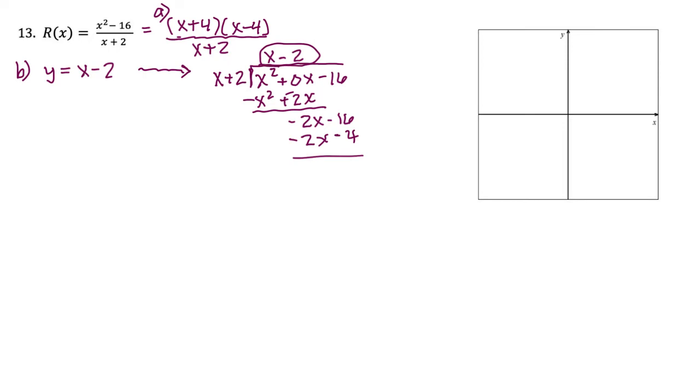Okay, part C, you should have gotten x equals negative 2. Part D, you should get negative 4, 0 and positive 4, 0. Part E, got 0, negative 8.